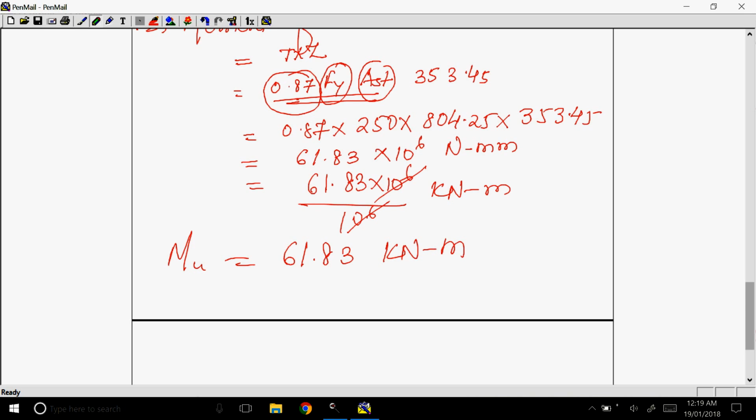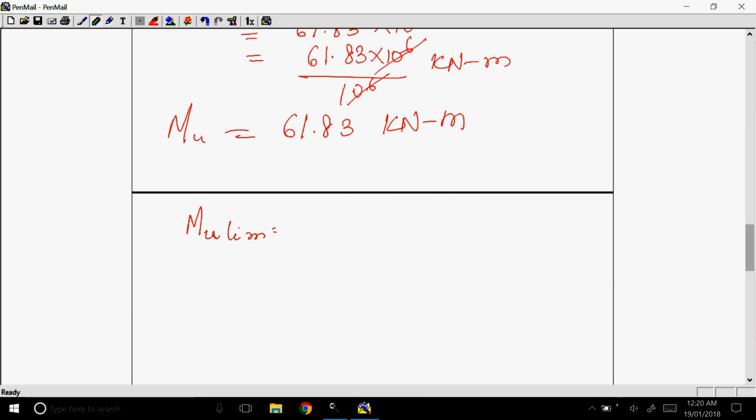So Mu limiting has a formula: Mu limiting is equal to 0.148 fck b d square. That is 0.148 into fck, your 20 MPa, b is 275, small d is 390 square, which is equal to 123.81 into 10 raised to 6 Newton mm, which is 123.81 kilonewton meter, which is greater than Mu. Hence satisfied.